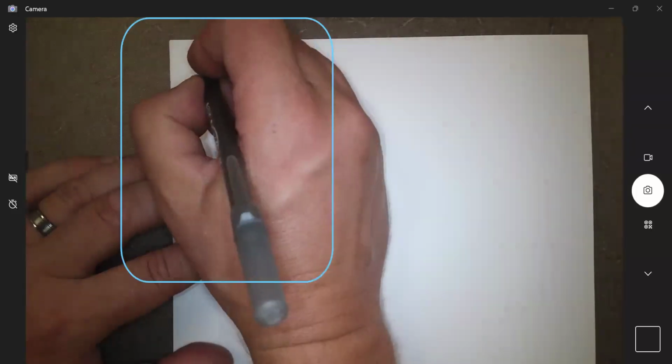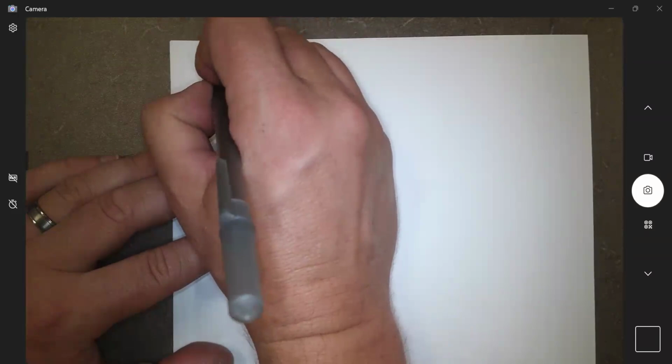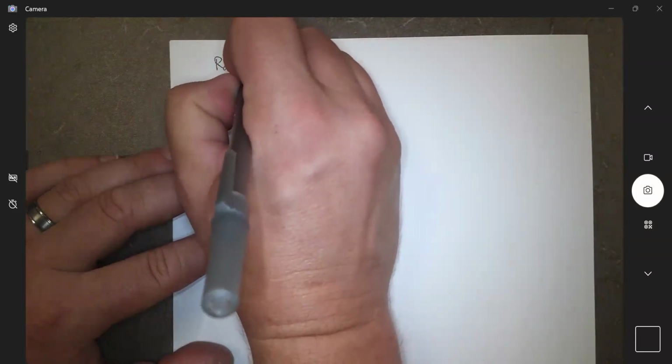Carbon 14 is what's used most often, but it has a half-life of like 28,000 years. I'm not going to use that. Let's use Rapidium.